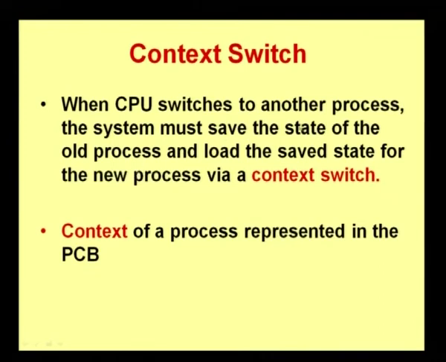It saves the state in the PCB, as we have seen in the earlier example, and it also gives a number for the PCB. We have seen an example with PCB 0, PCB 1, and so on. It must save the state of the old process and load the saved state for the new process via a context switch. A context of a process is represented in the PCB.